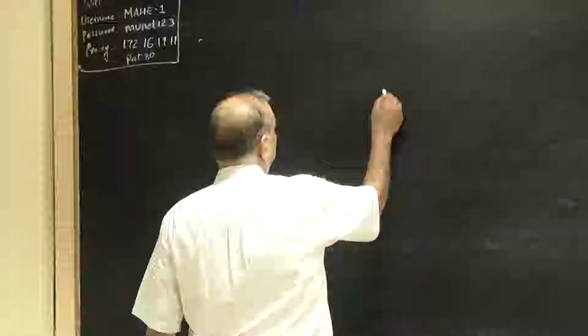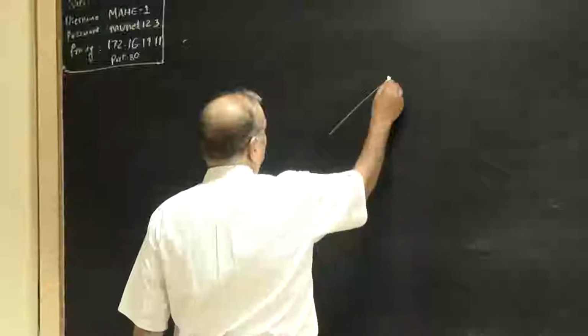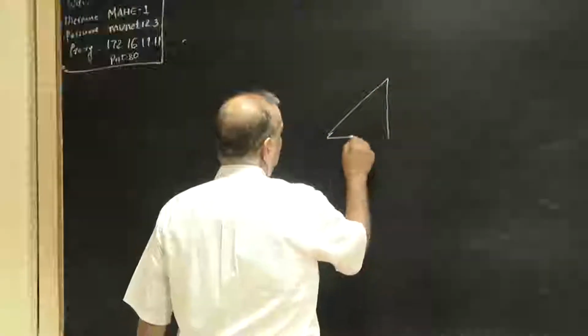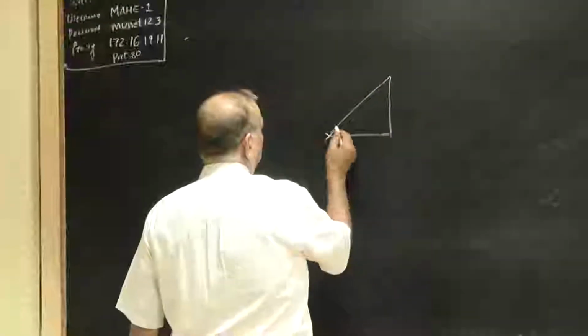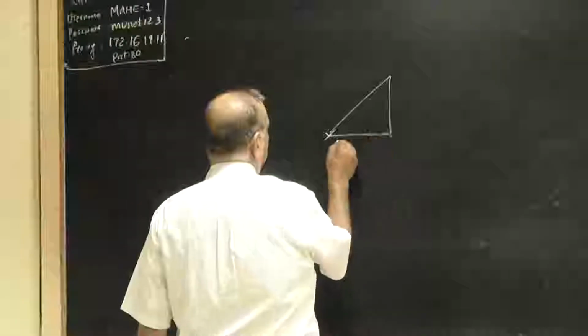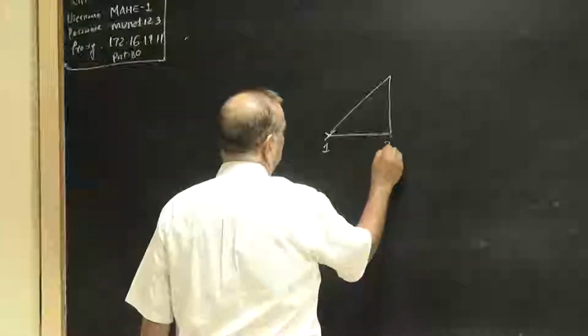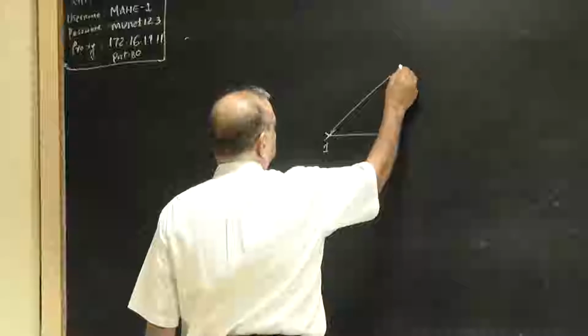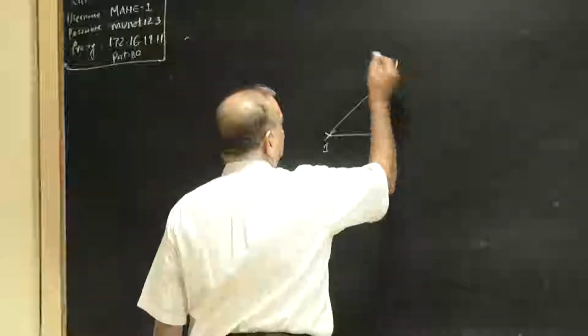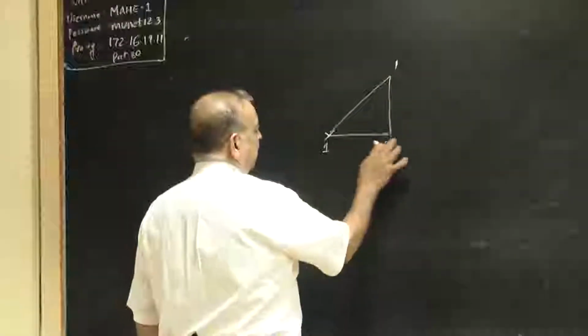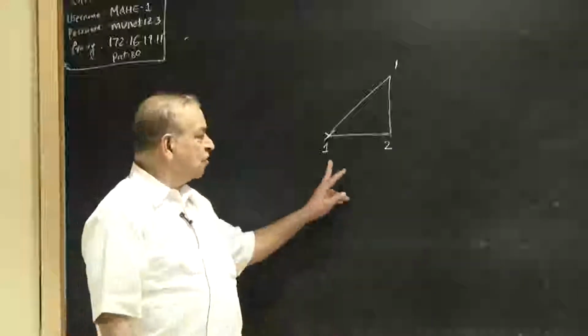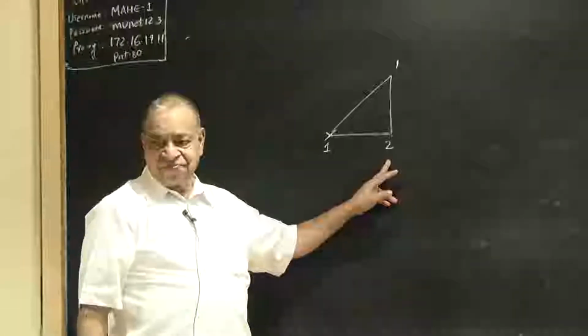See, suppose this is 1, this is 2, suppose this is 1. This is on the boundary, okay? This one was 1 and this one was 2, say.